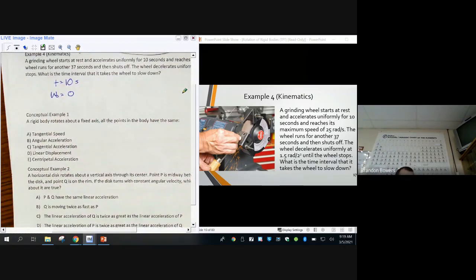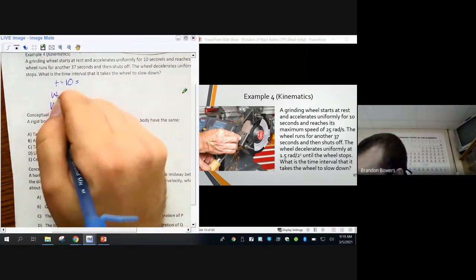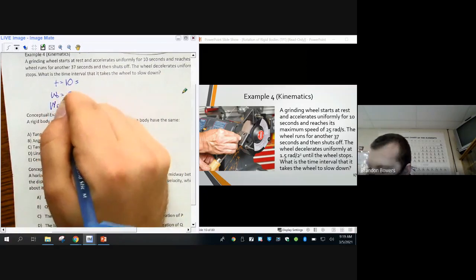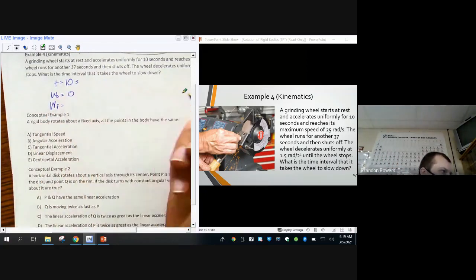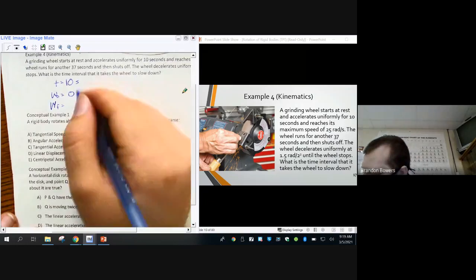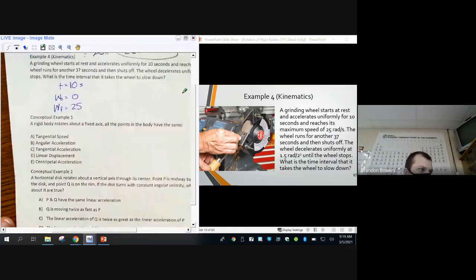We know my final omega. Final omega is 25. All right, so then the wheel runs for another 37 seconds and then shuts off. The wheel decelerates.